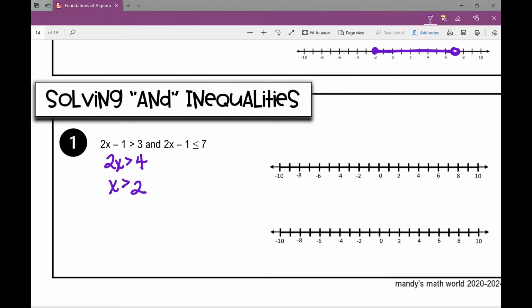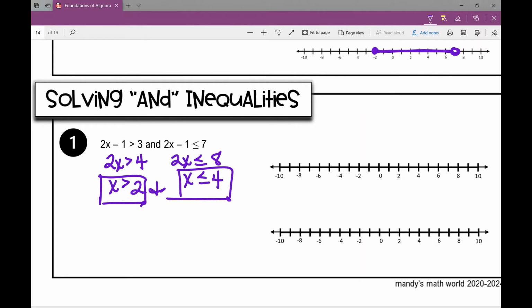So x is greater than 2, that's one inequality that my solution must satisfy. And this other one over here, I'm going to solve for x. I'm going to add 1 to both sides, so I get 2x is less than or equal to 8. And then I divide both sides by 2, so I get x is less than or equal to 4.